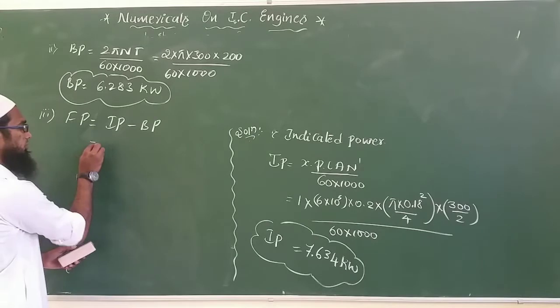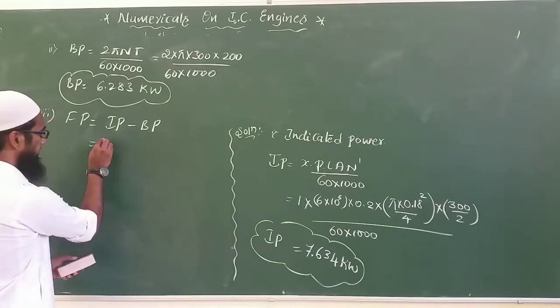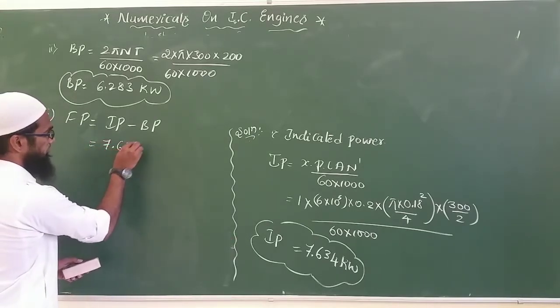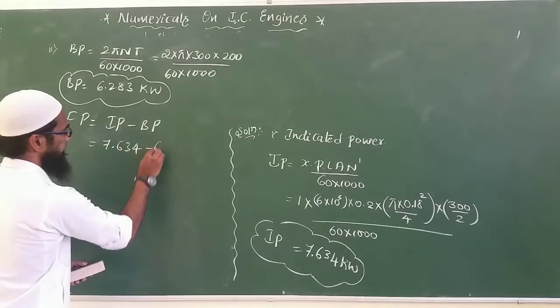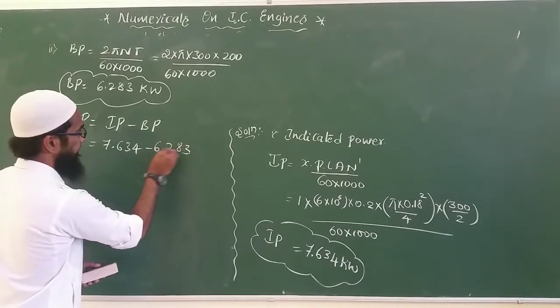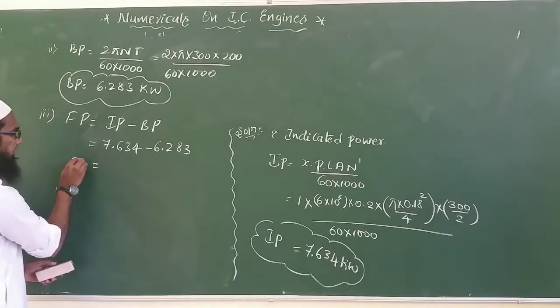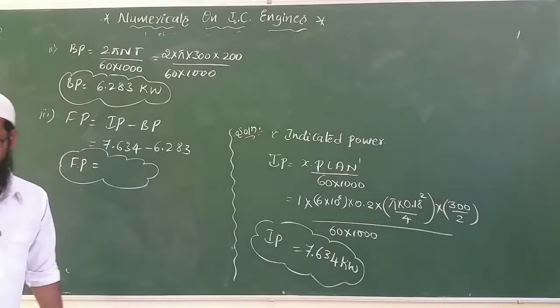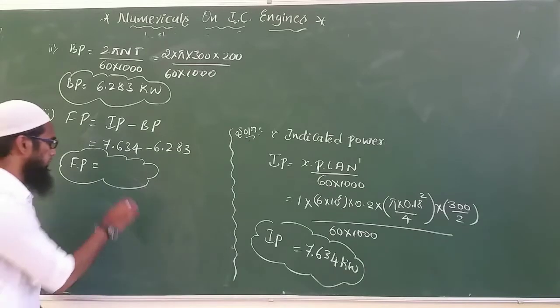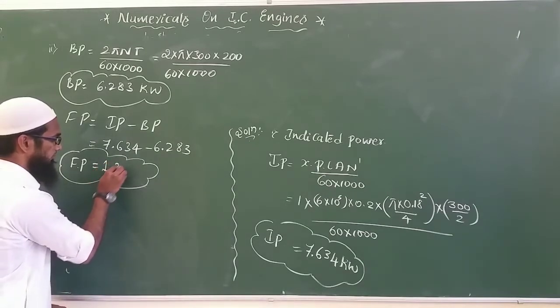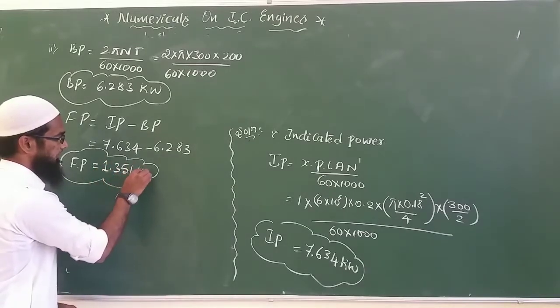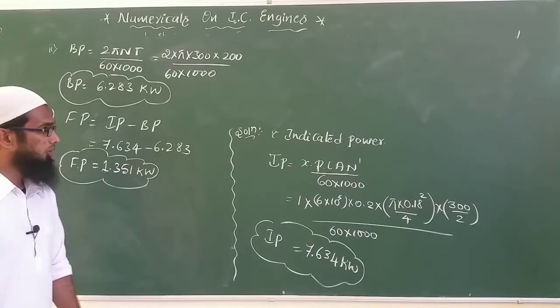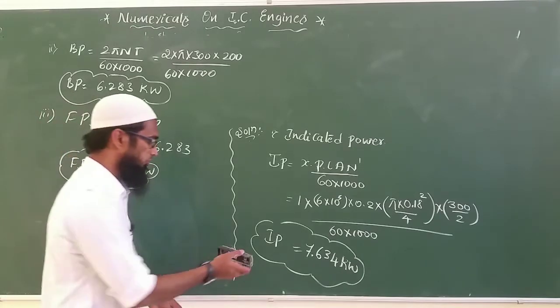Now this indicated power is 7.634 and brake power is 6.283. Simplifying, we get a frictional power value of 1.351 kilowatt.